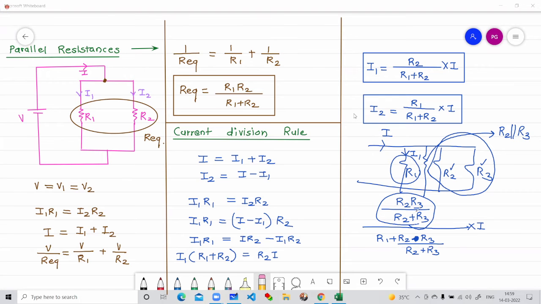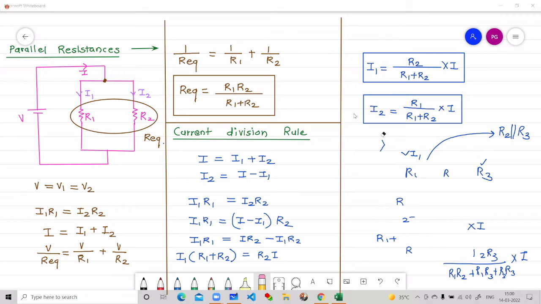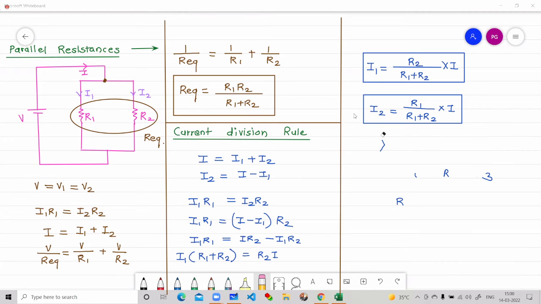Parallel combination divided by R1 plus the parallel combination, multiplied by I. If you simplify, this denominator will go and it will be R2 R3 upon R1 R3 plus R2 R3, into I. No need to do this, I'm just doing it because it looks good. Yes, all of you are with me. Understood? Yes, ma'am. Good. So now we have done the parallel combination, and we have seen the law also.